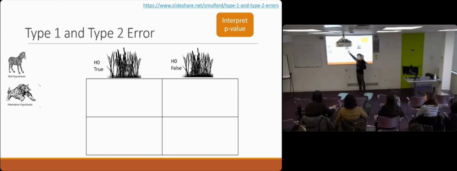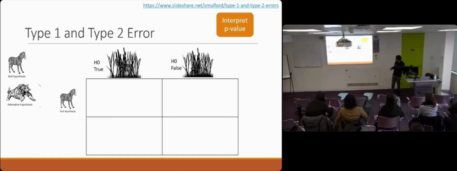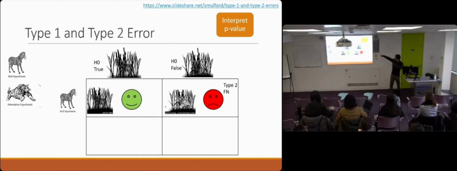So if it was a zebra and I conducted a test to find out, and I concluded yes, it is actually a zebra, I'm right, no mistake done, I'm good to go, right? So the null hypothesis, I accepted the null hypothesis in this case, right? I rejected the null hypothesis, right?